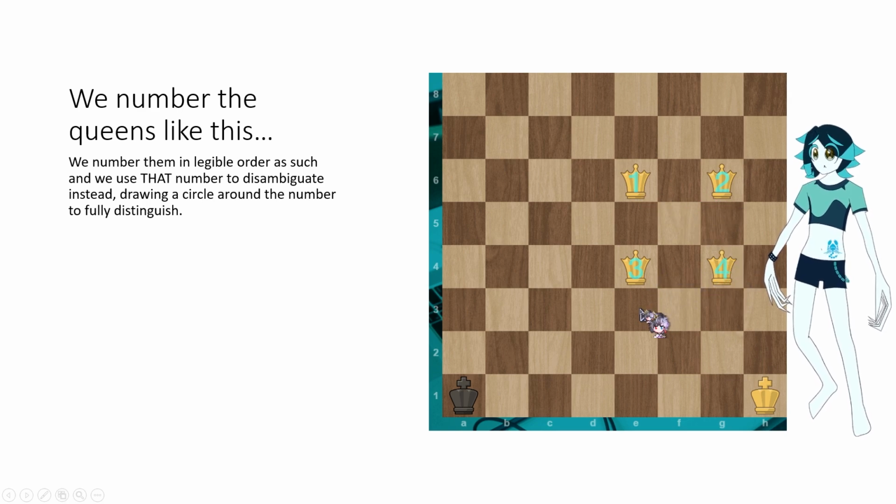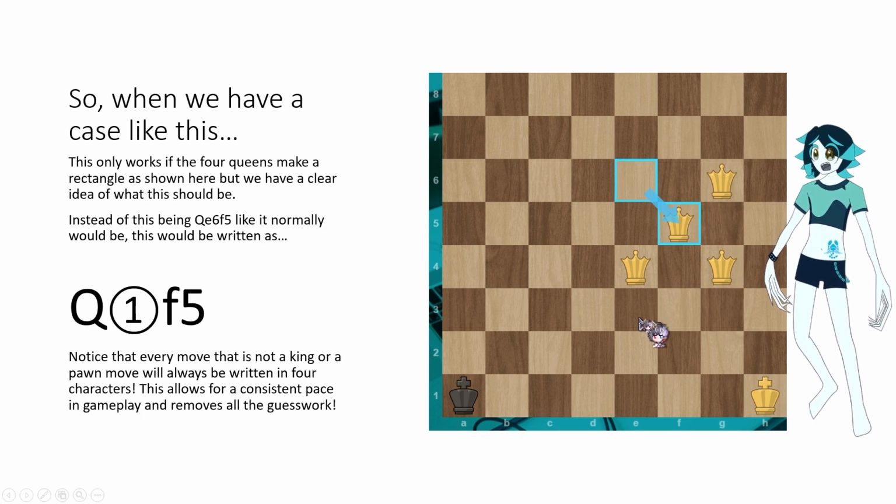What that allows us to do is use the number of the queen amongst these queens for distinction. So instead of queen e6 f5, like it normally should have been for double disambiguation, it's going to be queen number 1 f5. Same 4 characters every time. It keeps the gameplay at a consistent pace.